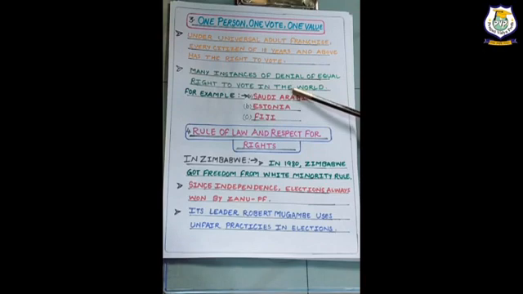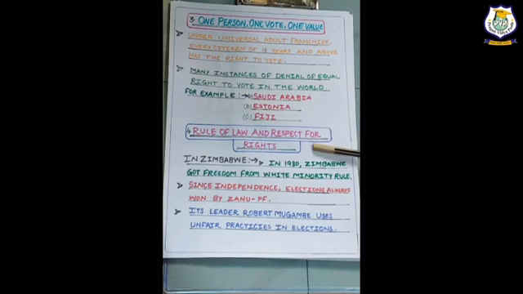So by seeing all these country cases, we get to know that in these countries the value of the vote was not equal. So here this feature is violated. The countries where the one person, one vote, one value feature was not followed can be said to be non-democratic.